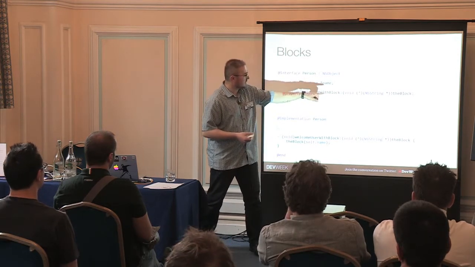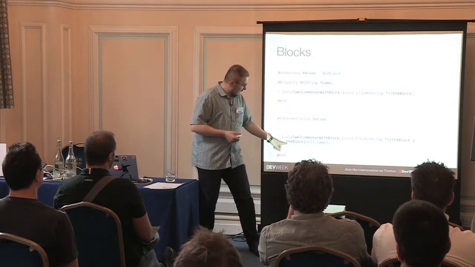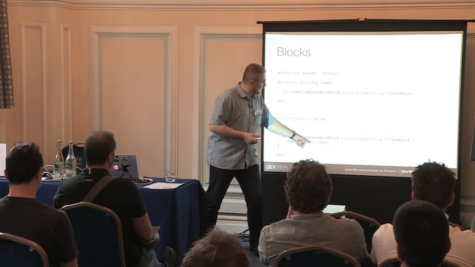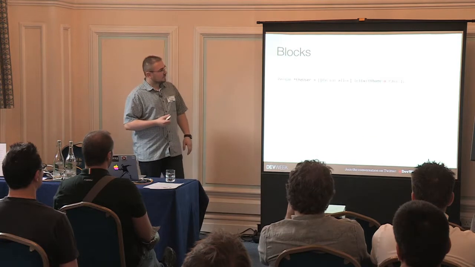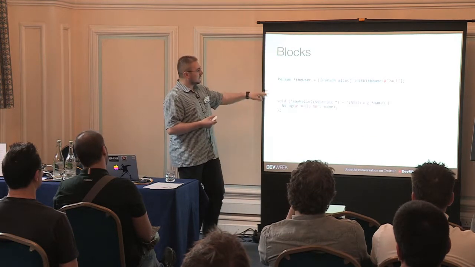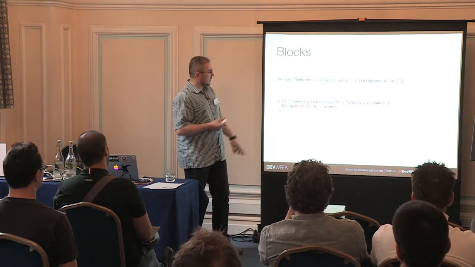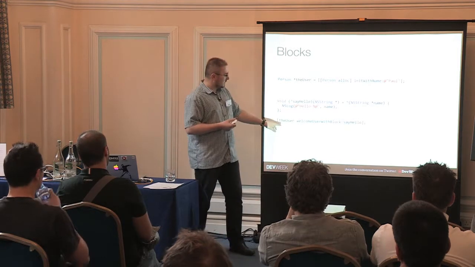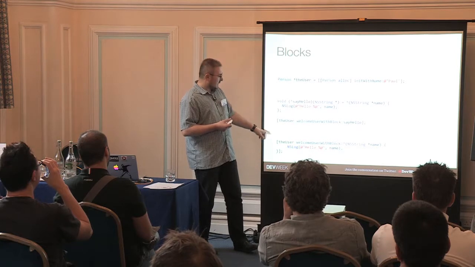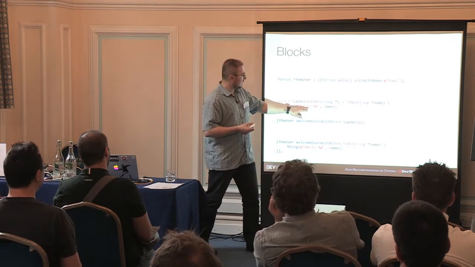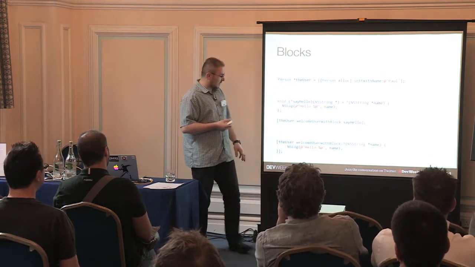Remember, the block takes a string as a parameter. You call the block with something that is specific to this class. So if you create a new user, and if you define that block, when you call welcome user with block, it goes in and says hello, and then uses whatever the user's first name is.